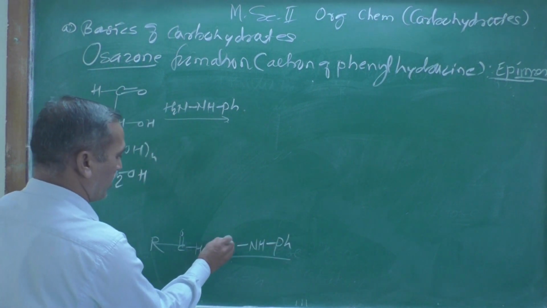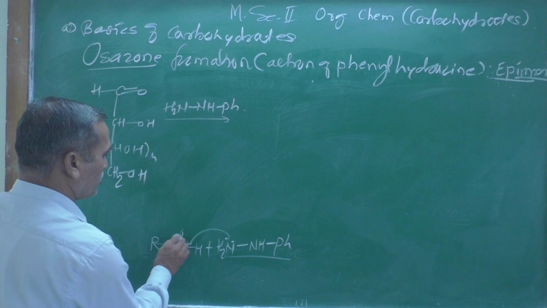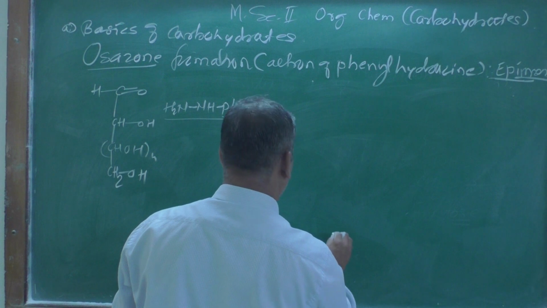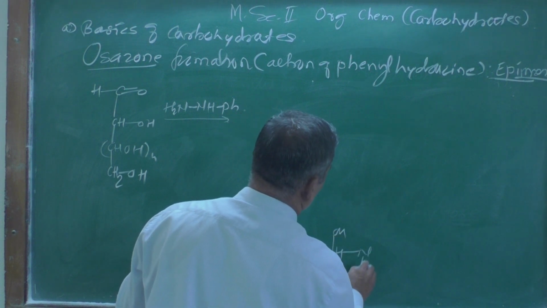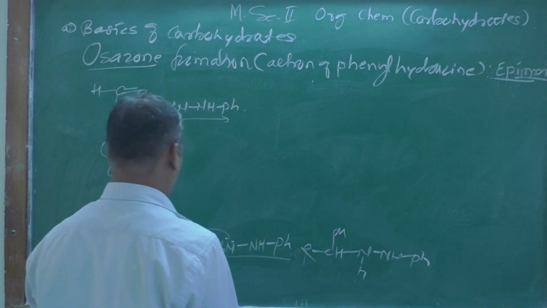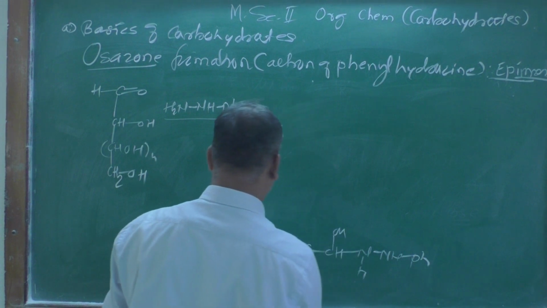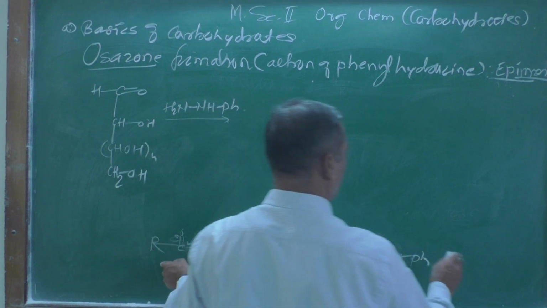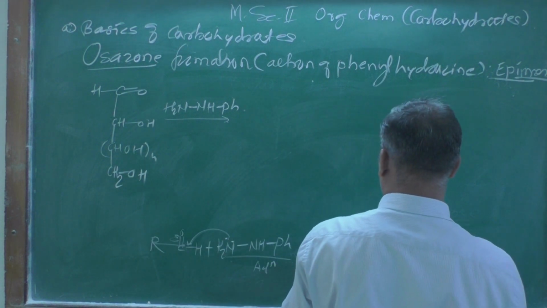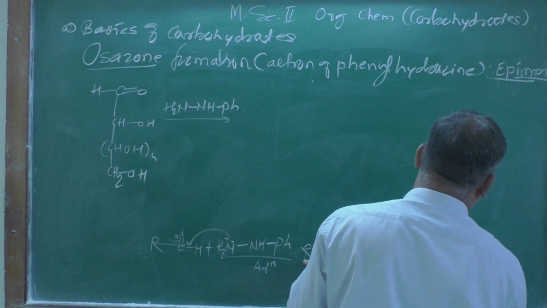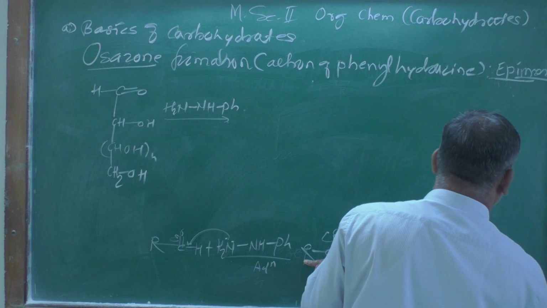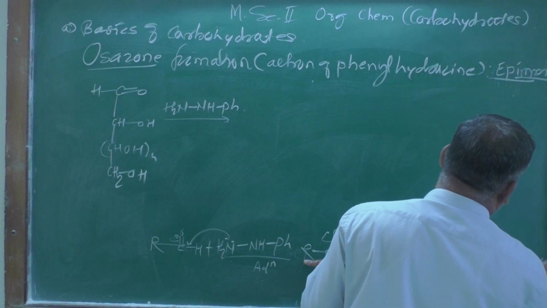This is the addition reaction. The second step is elimination of a water molecule, minus H2O, and we get RCH double bond N, NH, Ph.